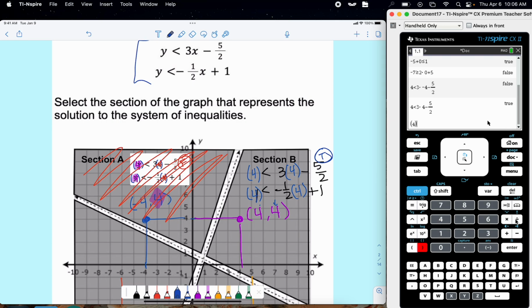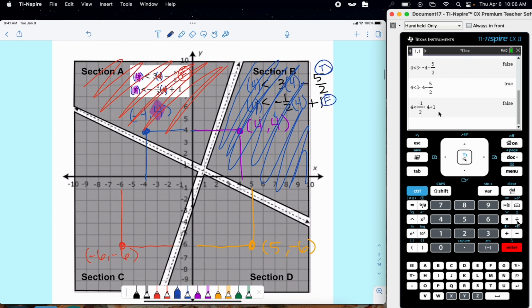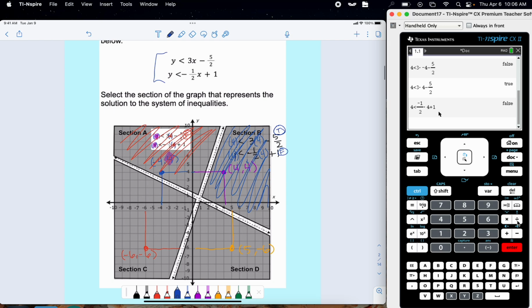We have parentheses 4, get our symbol, negative, control divide for the fraction, 1/2, parentheses 4 plus 1. That gave you false. So this whole section cannot be my answer. So now let's try C. We have y less than 3x minus 5/2.